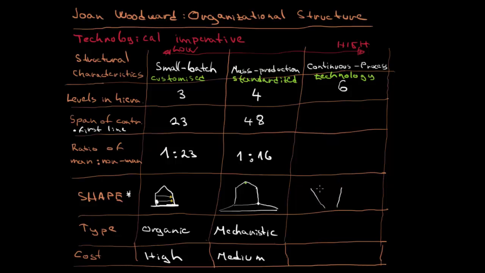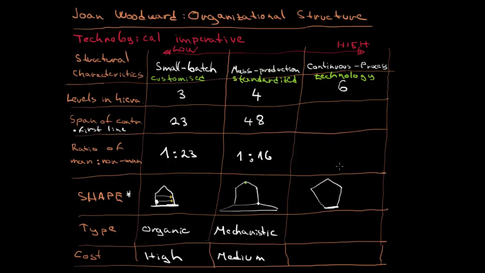Then we are going to have a lot of corporate managers who are deciding what we are going to do. So it will look a little bit opposite. And you can see we don't have that many employees at the production line doing the actual job. Those are the machines or the technology that we have developed.